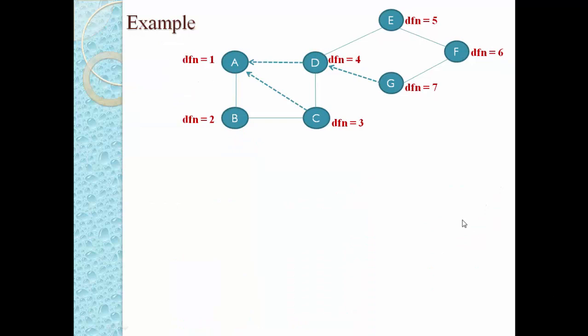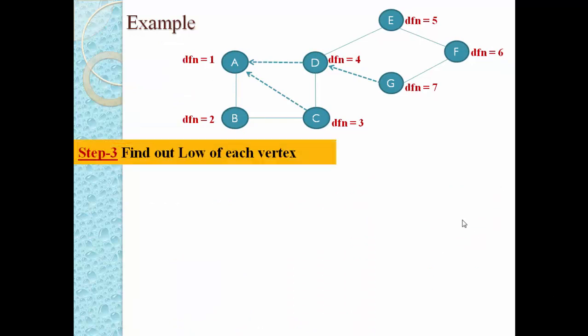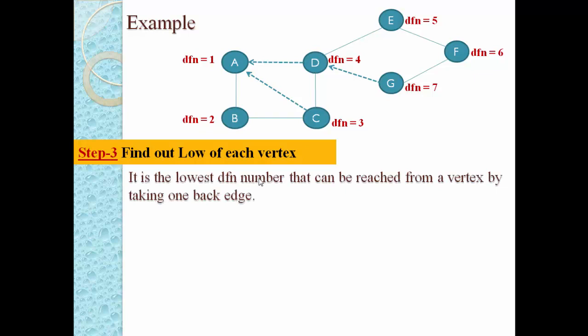Now step number 3. As per step number 3, find out the low of each vertex. So we have to identify the low of each and every vertex of this DFS tree. First of all, what is low? It is the lowest DFN number that can be reached from a vertex by taking one back edge.